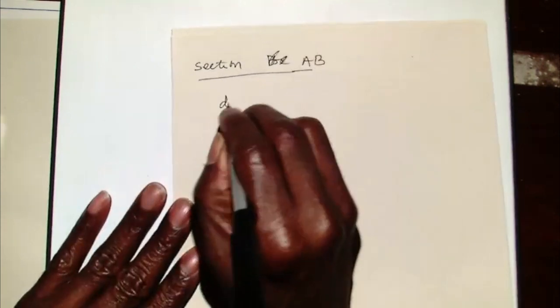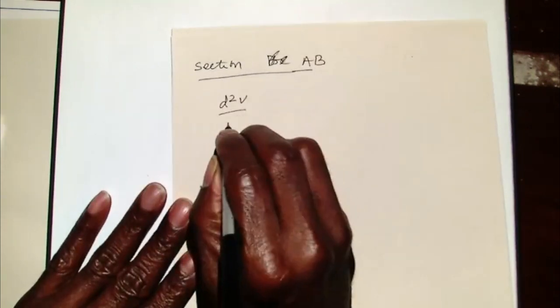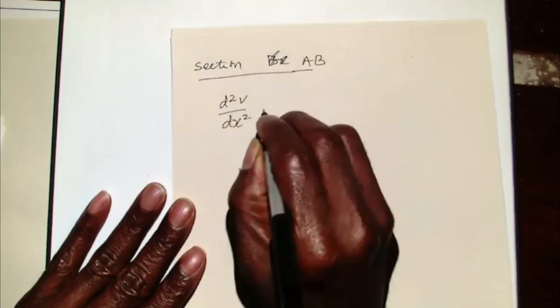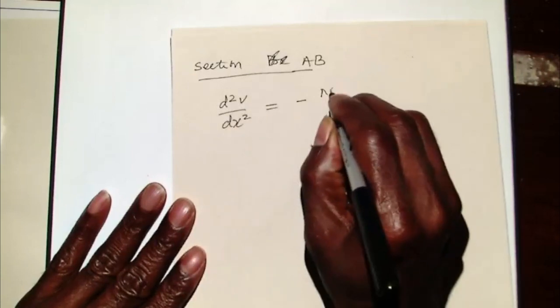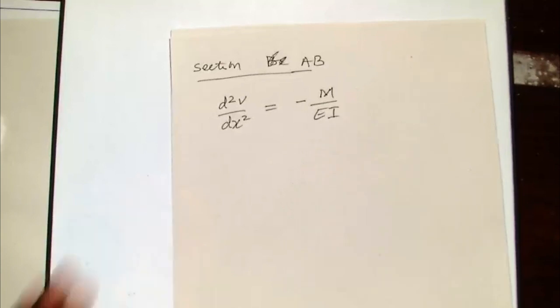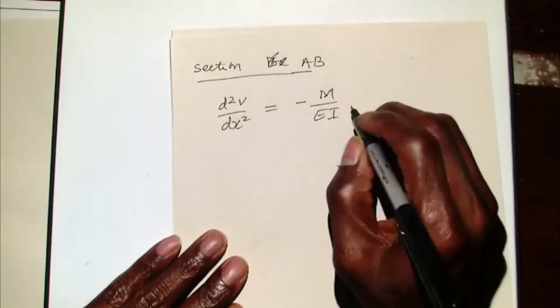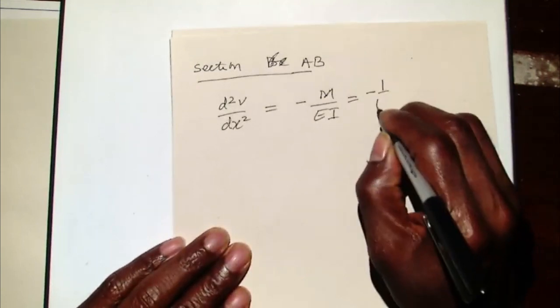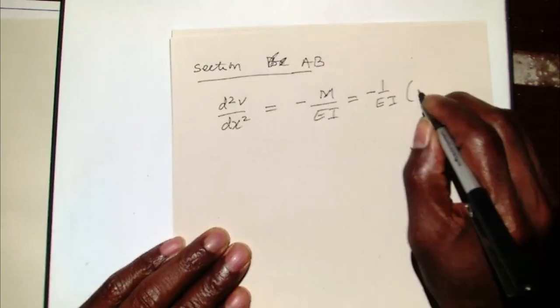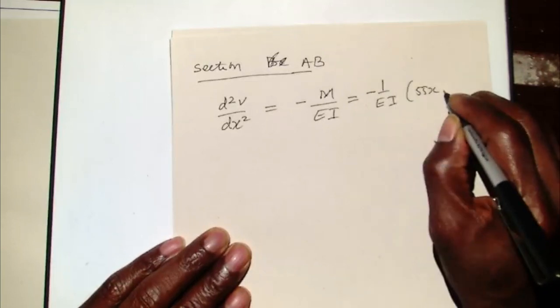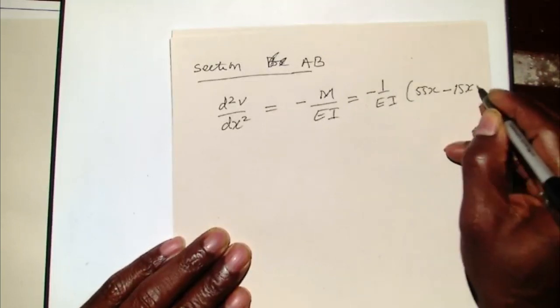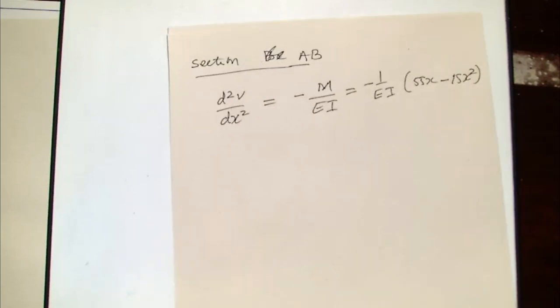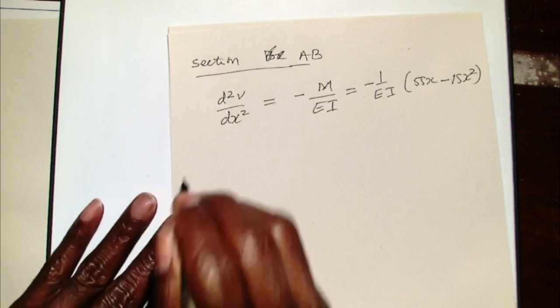We start with the deflection expression, d2v/dx squared equals minus M over EI. So we know what M is, so I'm going to put the expression for M as 55x minus 15x squared. We do the integration once, and then we do it a second time.